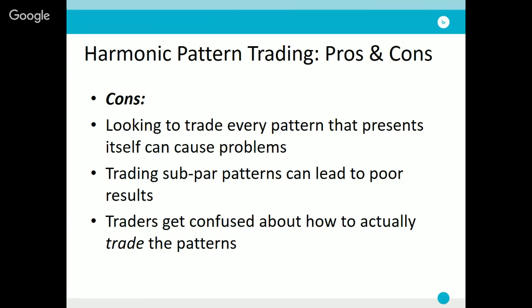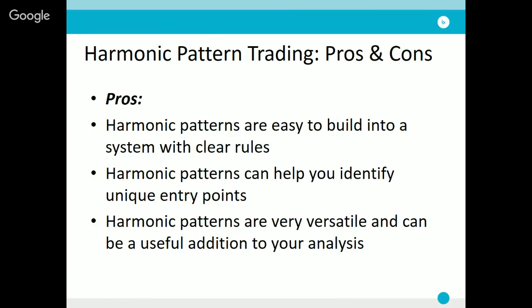Now that said, there are many great upsides to trading harmonic patterns. The fact that we're relying on these really specific measurements means that harmonic patterns are actually quite easy to systemize, which helps remove the discretionary element, which can be so brutal for so many manual traders, and especially new traders who often find themselves crippled with indecisiveness.